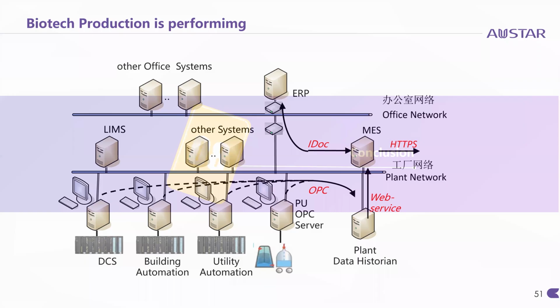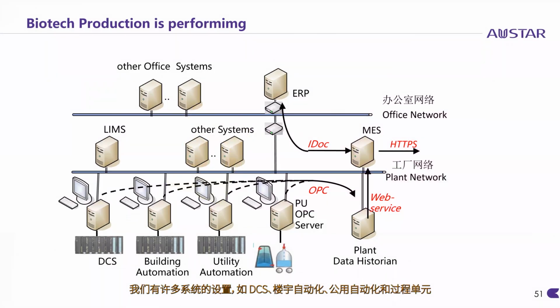So I'm ready to come to the conclusion. We have a setup with a number of systems like TCS, building automation, utility automation, package units. We have LIMS and MES, and we have our historian. They are working together and also connected to the ERP. So the whole vision of automation is not just equipment, but business automation can be fulfilled.